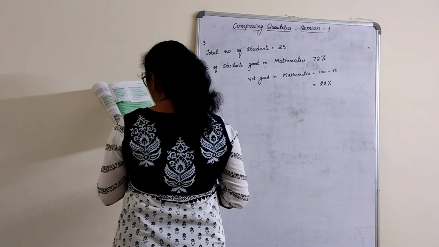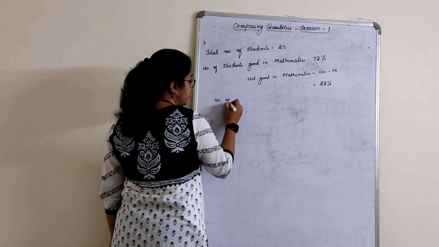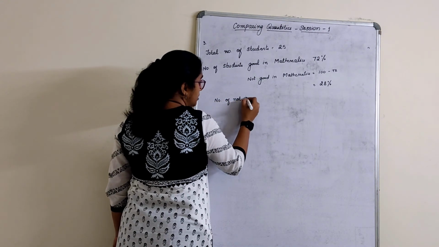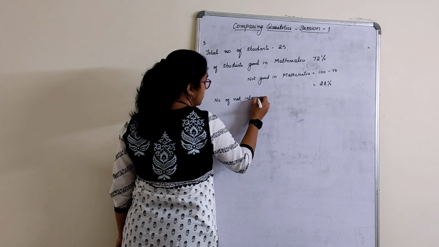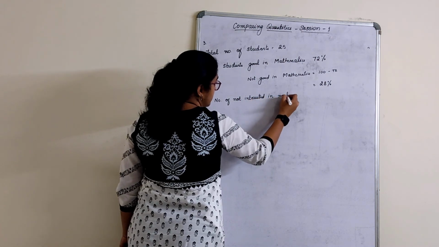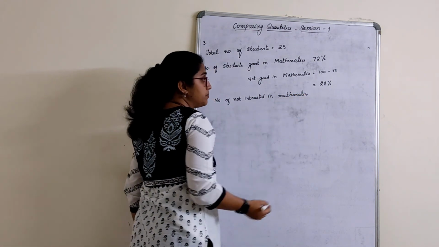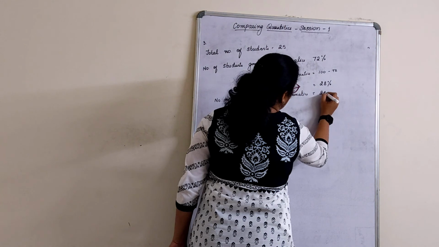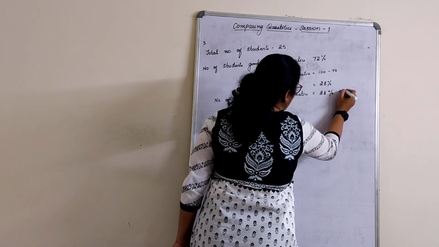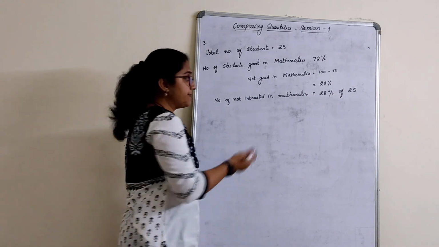How many are not interested in mathematics? Number of students not interested in mathematics are 28% of the total students, no? Total is 25.